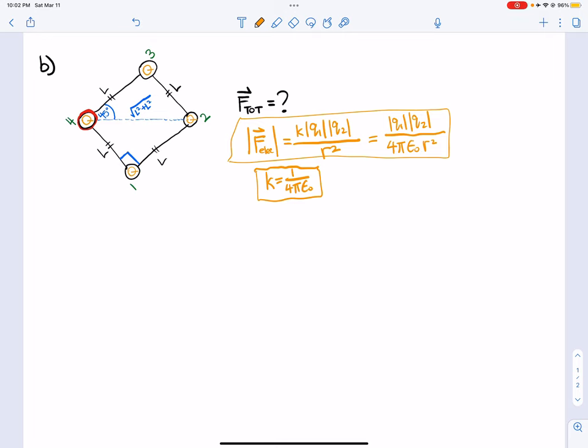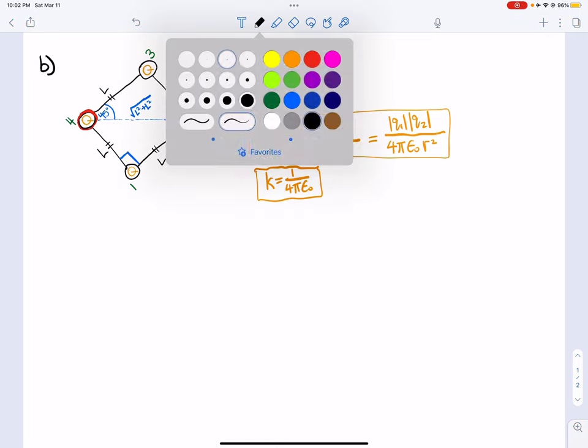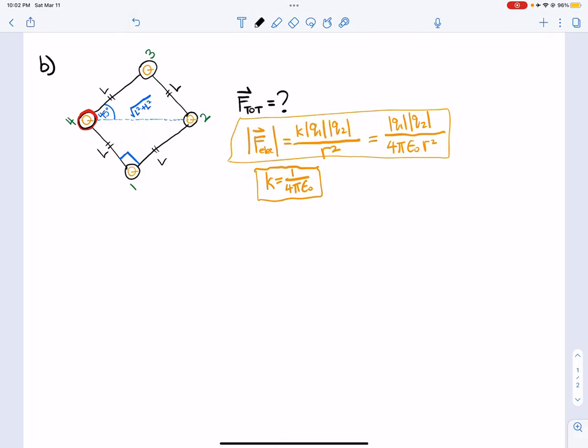So I want to find the magnitude first of force 1 and force 3. And the reason for that is because they are equal. The magnitude of force 1 is equal to the magnitude of force 3 because we have the same distance between the center of the charges, right? It's distance L for both of them.